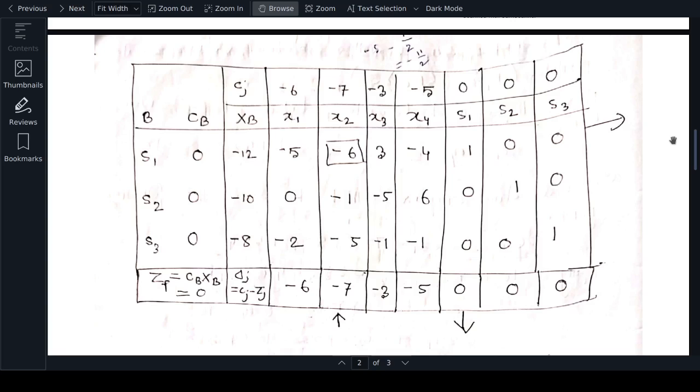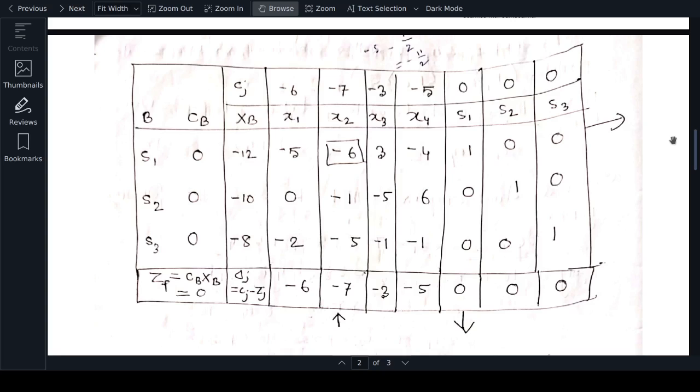So how to find out the incoming vector, means key column? The key column will be calculated in this way: ratio of delta J and the negative value of the key row element. Okay, ratio of delta J to the corresponding key row element.